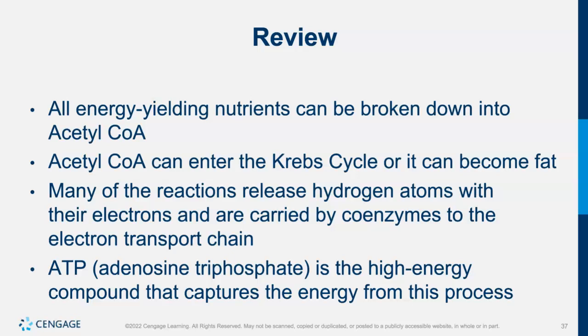Even when we turn pyruvate to acetyl-CoA, we release some of those hydrogen atoms, and then again more in the TCA cycle, and those hydrogen atoms with their electrons are carried to the electron transport chain, where more energy in the form of ATP is harnessed. And ATP, also known as adenosine triphosphate, is that high energy compound that captures the energy from this process.